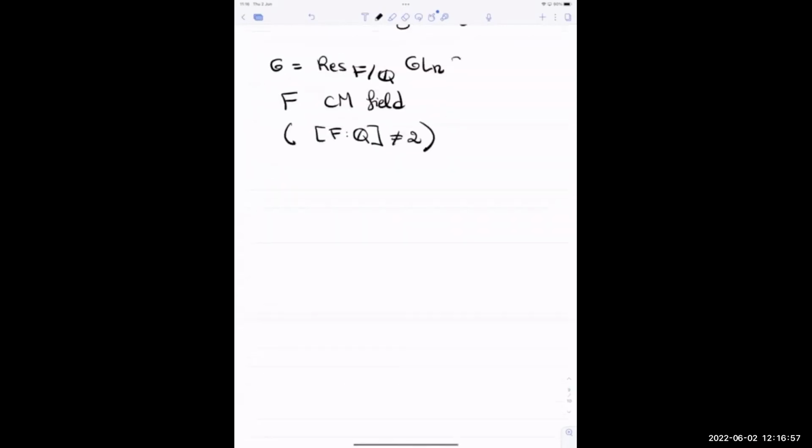Okay, and then X_K, let's say K inside G, GL_N, inside the finite adeles. Putting all of these things together, you can construct a locally symmetric space, which doesn't have an algebraic structure.